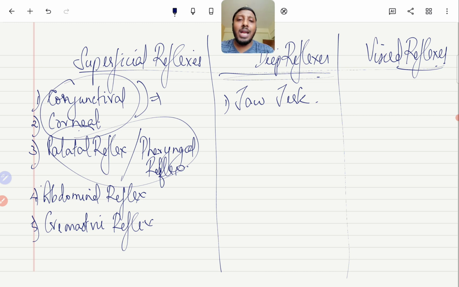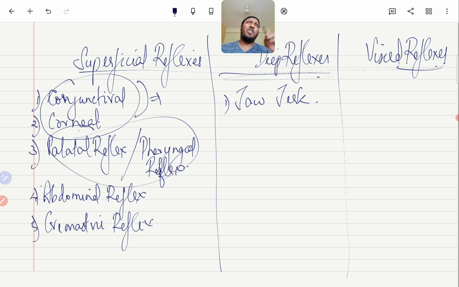Now the palatal reflex is that you take a small swab, open the subject's mouth, and touch the part in the soft palate, and what you expect is a vomiting sensation. Arching of the palate is what we expect.